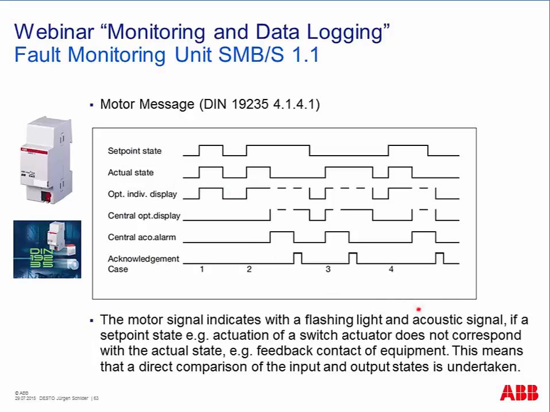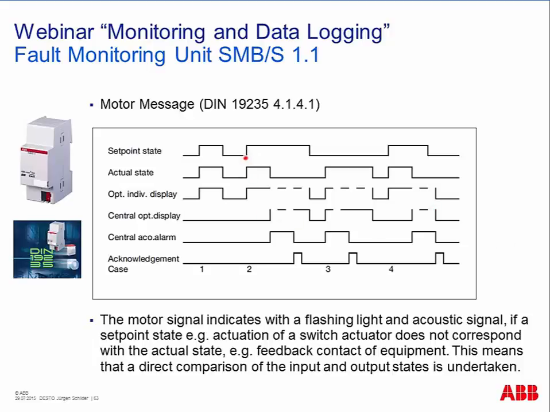The switch actuator allows you to have a status feedback. Via current detection, you have a real status feedback. Is the motor working? You switch on the motor, but due to any reason the motor does not start or is overloaded or is switched off due to any over temperature. The status feedback will be different from your switch on command. So there is a mismatch between set point and actual state, and then of course an alarm will be sent out from this device.